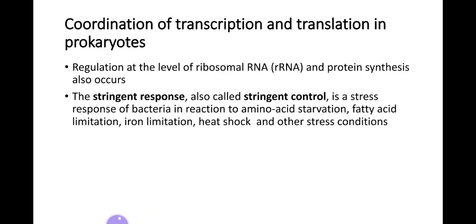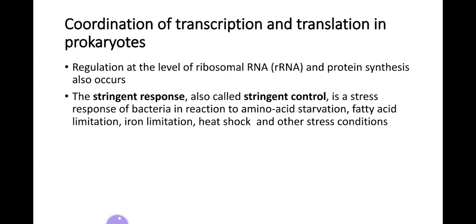Now we will study examples which show that transcription and translation in prokaryotes are coordinated, coupled. The first one is the stringent response. This is the coordination, or regulation, by way of ribosomal RNA and protein synthesis.